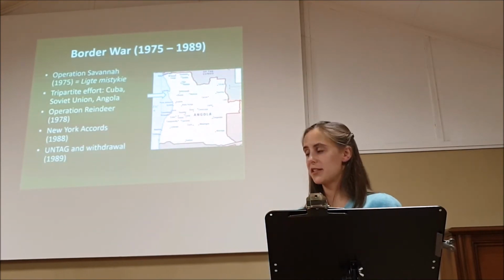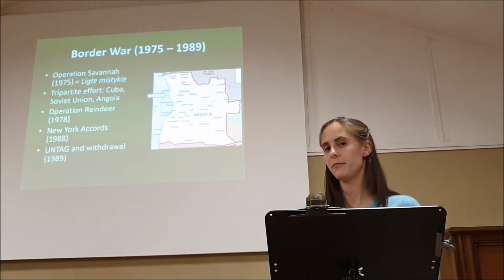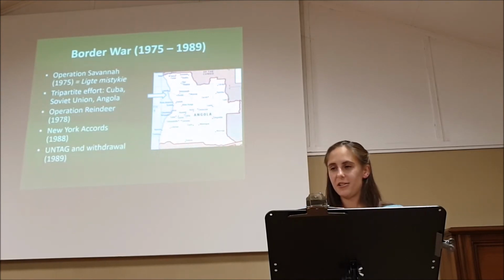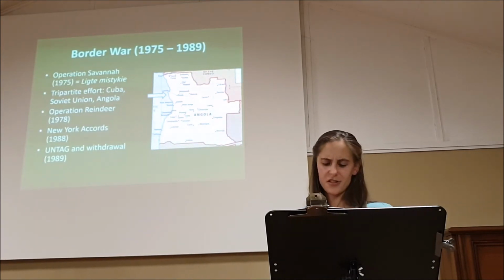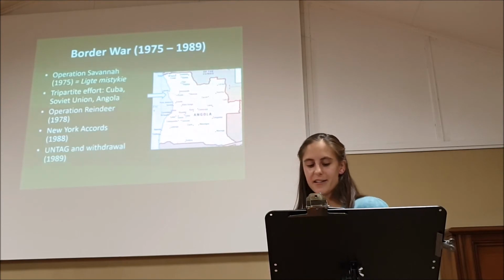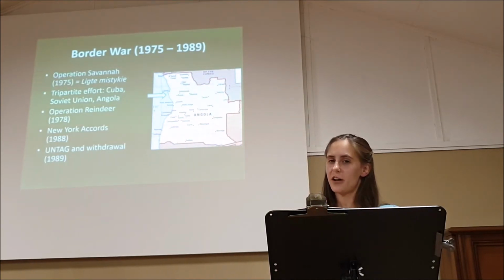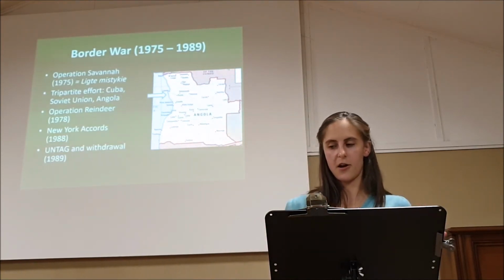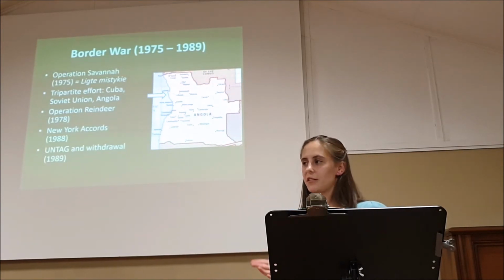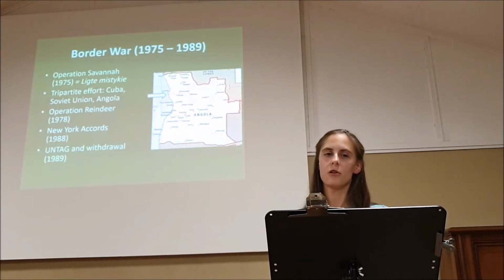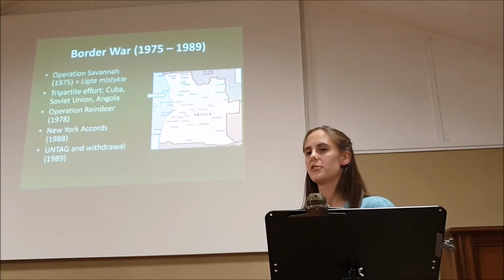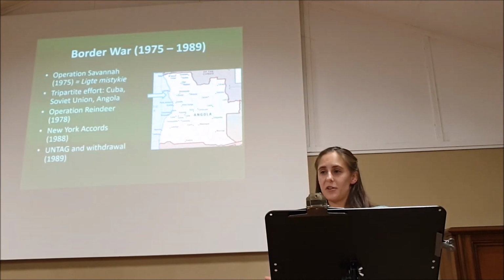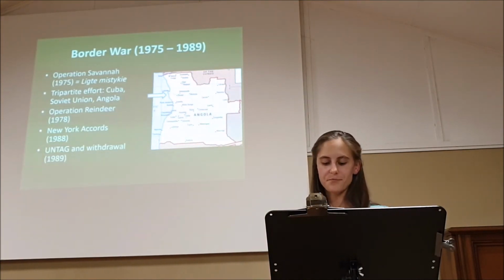So in 1977, there were 13,000 of them. In 1983, so 6 years later, 25,000. And in 1986, 45,000. Some sources say there were 50, some say there were 60,000 at the end of the war. So it was a pretty significant number of people.